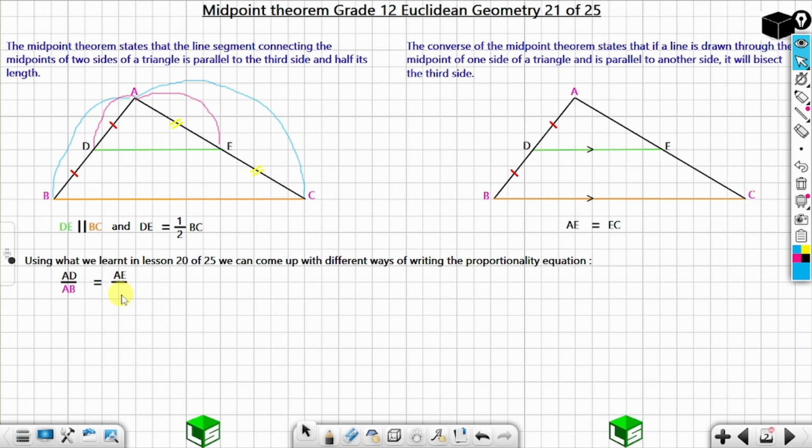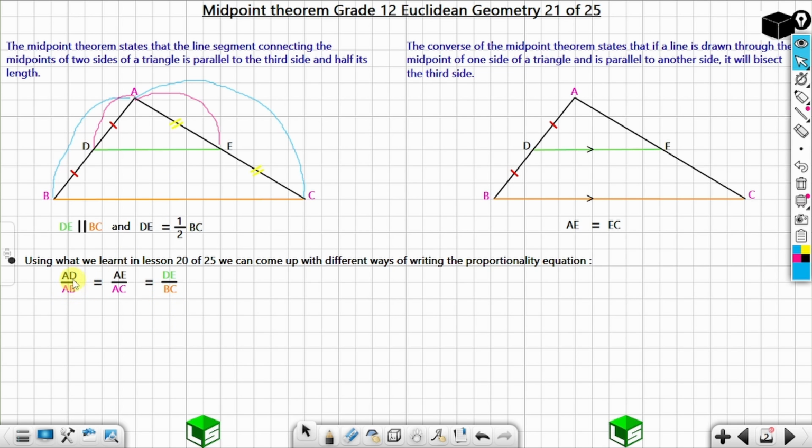Since you have the entire sides AB and AC, you can include the two parallel lines. So you are going to have DE over BC.